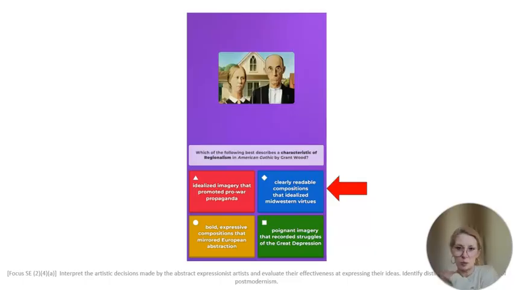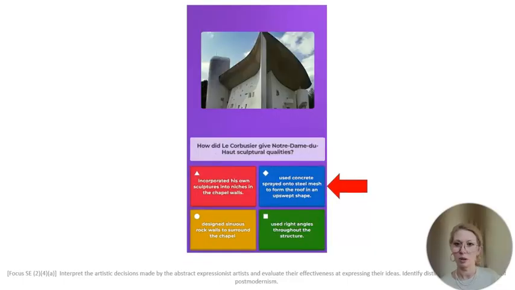Okay, so as we move into regionalism, this is American Gothic by Grant Wood. And what best describes the characteristic? It's clearly readable compositions that idealized Midwestern virtues. Okay, how did Le Corbusier give Notre Dame du Haut sculptural qualities?